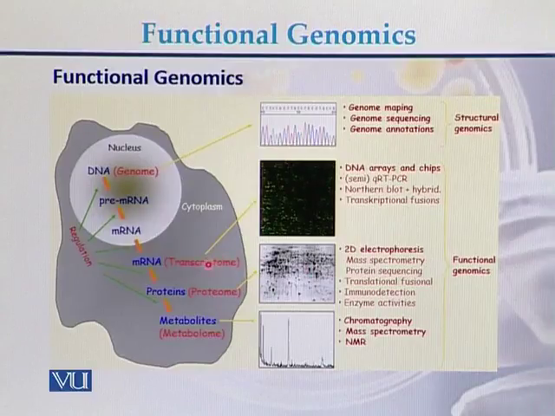This is another example of functional genomics. Here we can see that the transcriptome, proteome and metabolome are examples of functional genomics. If we are studying the transcriptome, meaning DNA arrays and chips, usually performed with qRT-PCR, northern blot and hybridization, this is an example of functional genomics.